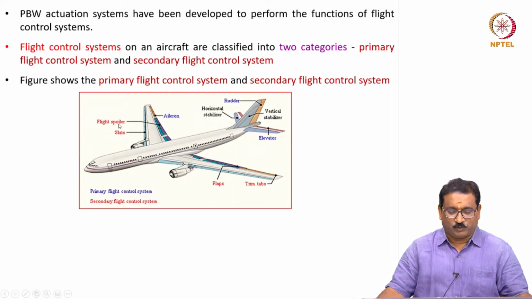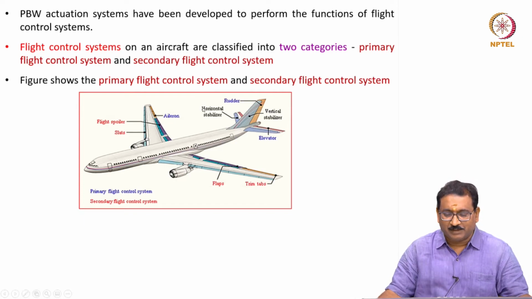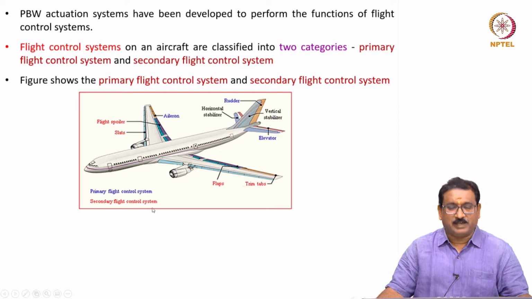See here, I have shown the many elements. The blue color is the primary flight control systems, mainly the ailerons, rudders, elevators. Secondary flight control systems are shown in red color: flight spoilers, slats, flaps, trim tabs and many more.